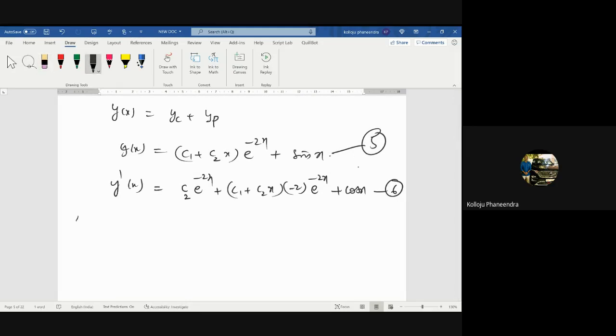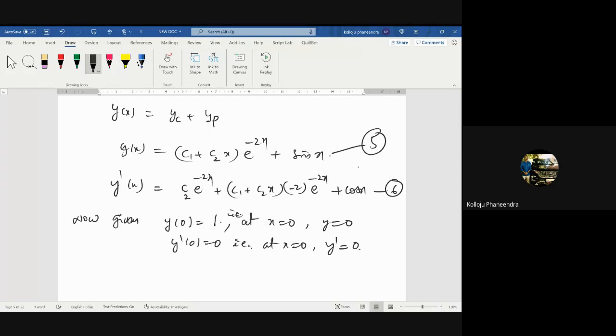Okay, now given y of 0 equal to how much? It is given as 1, that is at x equal to 0, y equal to 1, and y dash 0 equal to 0. That is at x equal to 0, y dash is equal to 0.